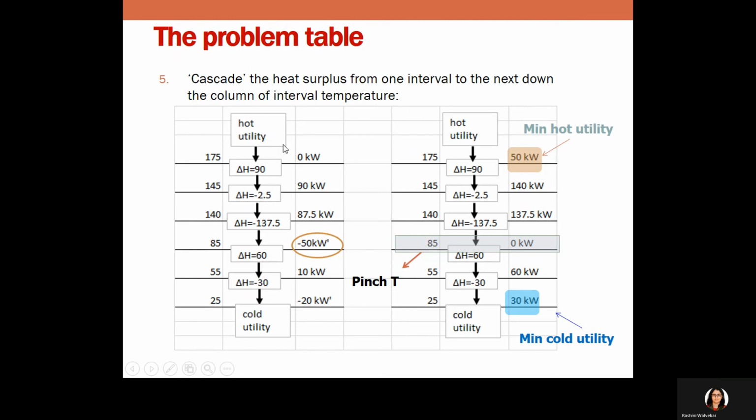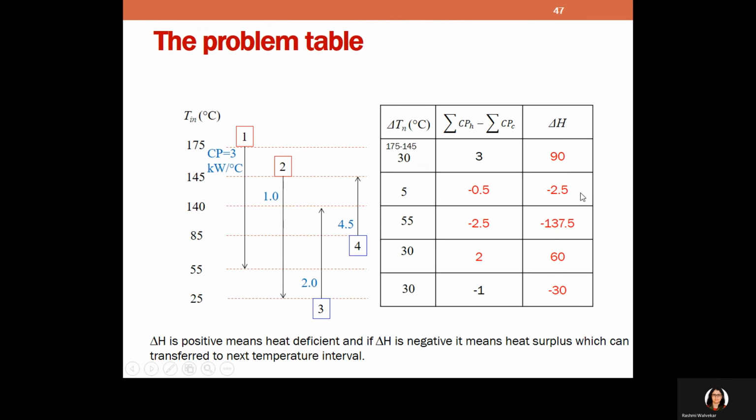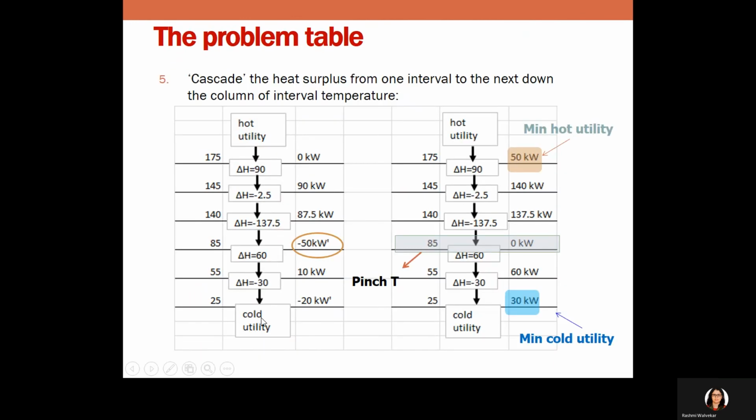First, heat has to flow from hot utility to cold utility. In between, write the enthalpies that we already have from the different process streams, what we obtained here, this delta H.